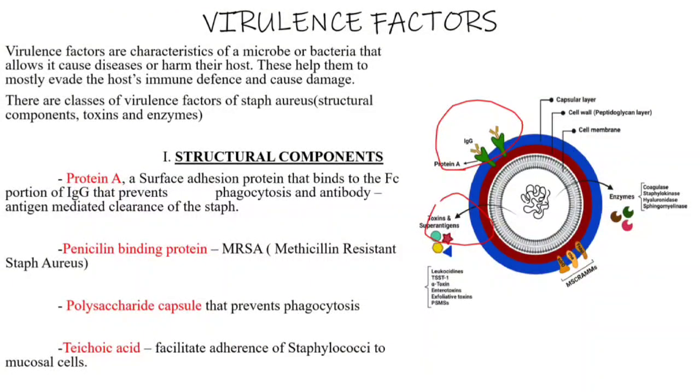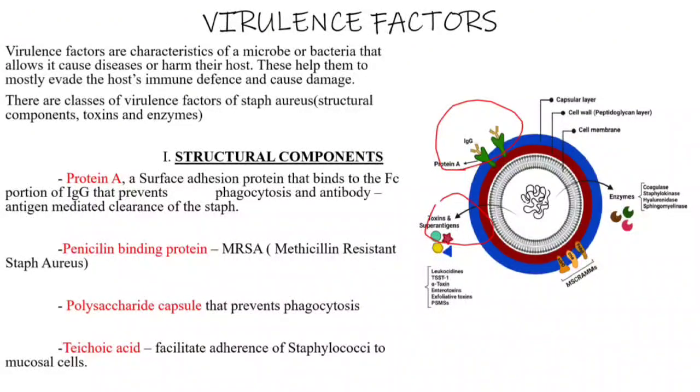Now, IgG is an antibody which binds to bacteria, and that's what we call opsonization. That is, it makes the bacteria sweet, so that phagocytes can engulf it, right? But the phagocytes are supposed to bind to the Fc region.